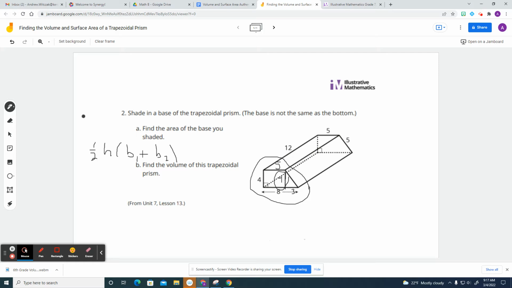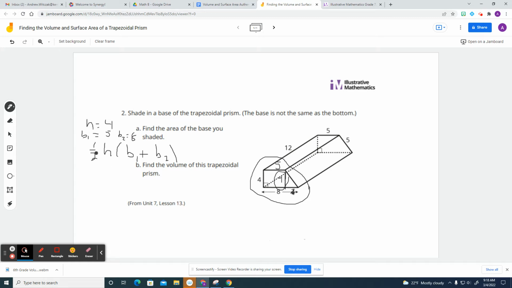So this small height of the base of the trapezoid is 4. And then this 5 and this 8 right here, you can ignore that 3, are B1 and B2. So we'll say B1 is 5 and B2 is 8.